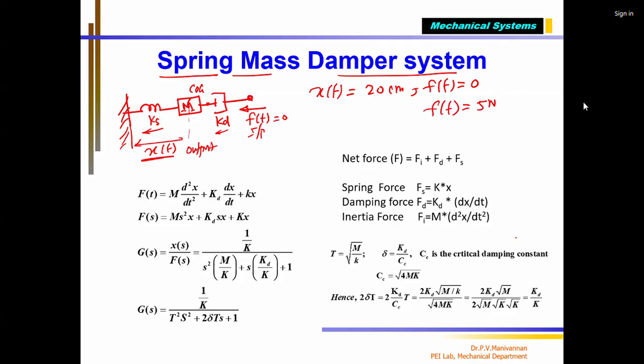That means the damper will reduce its size, and the spring also will. I can draw it for understanding purposes. The spring becomes smaller. The mass element will not get compressed because it is fixed; you cannot compress its size. That means my damper has become something like this.